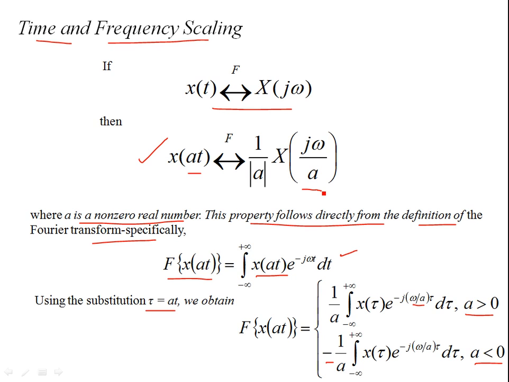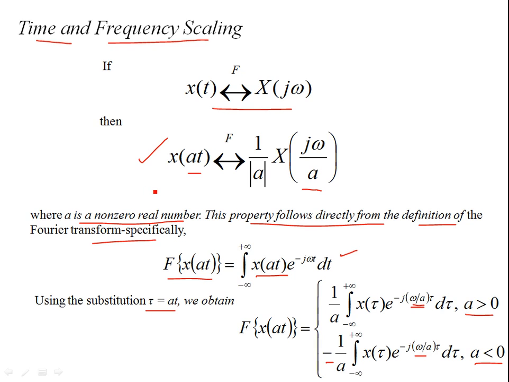But there is a modulus of a as well that is coming, because a can be positive or negative, so you have to consider the modulus of a depending on the sign of a, and that is shown over here, omega divided by a. So the Fourier transform is not X(j omega), it is X(j omega by a).